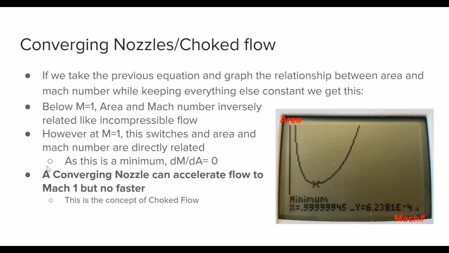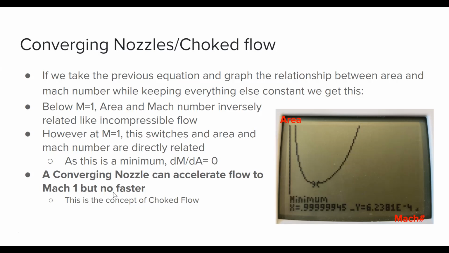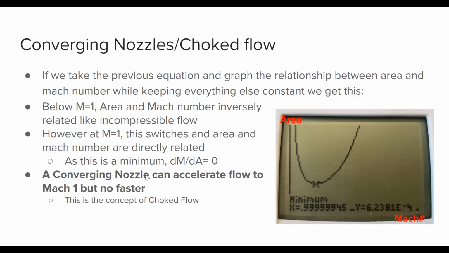I think Arun and I have mentioned this before, but the converging section of the nozzle can't accelerate the flow any faster than Mach 1. And this is why. Once you get to the bottom of this parabola, any further decreases in area, you're not going to see any change in Mach number.